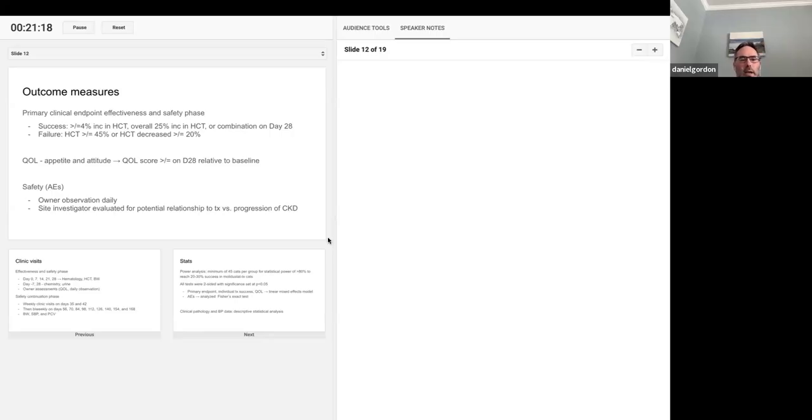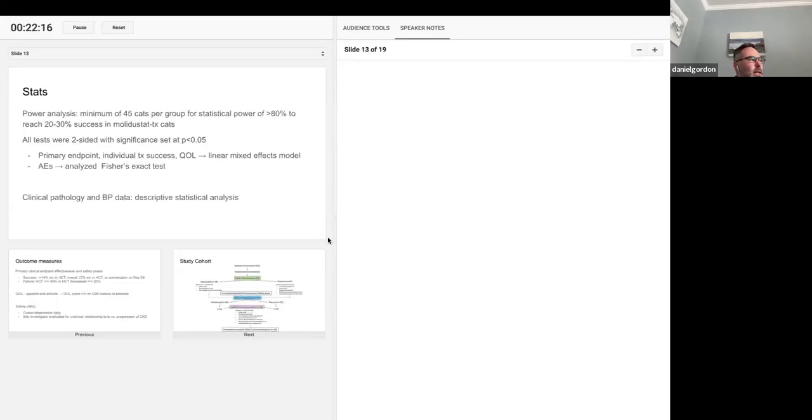And then the site investigator would evaluate for any sort of potential relationship between the treatment versus progression of CKD versus underlying clinical disease process or comorbidity.